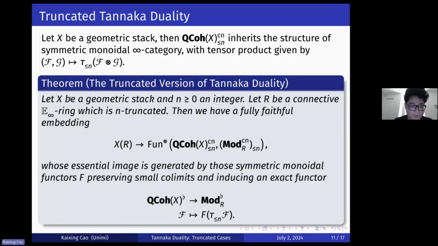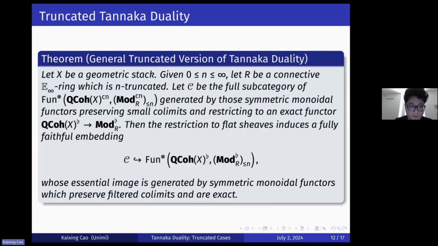And we will prove this theorem by studying some restrictions. I mean, we will study the restriction of functor categories like this one, or like functor categories between the quasi-coherent sheaves to R modules, restricting to the flat objects. So we have such a more general version of the truncated Tannaka duality.